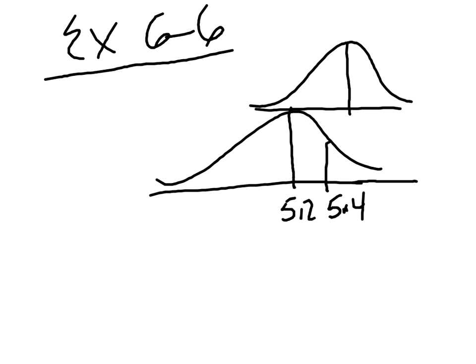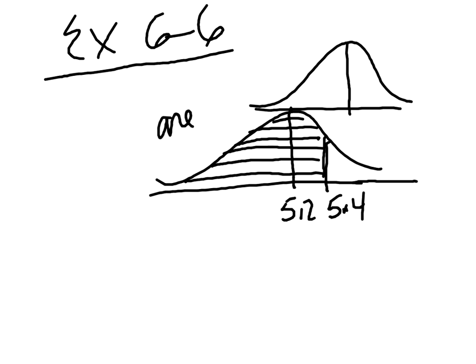Okay, and everything less would be the area to the left of 5.4. So this is the area that we're looking for. It's our desired area. And of course, as soon as we get some z-values, we can find that area out directly because our tables will tell us.